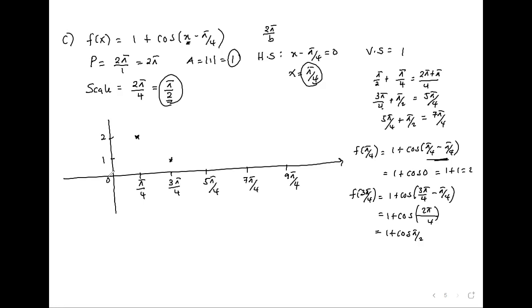Now the next one is going to give us 0. We substitute 5 pi over 4. That is 1 plus cos of 5 pi over 4 minus pi over 4. That is 1 plus cos pi, and cos pi is -1. So we get 0. So we have a 0 there. Now we have 3 different values.